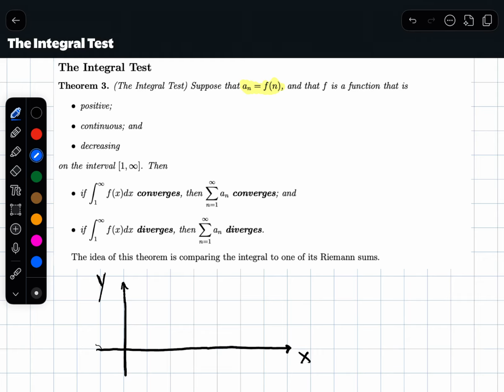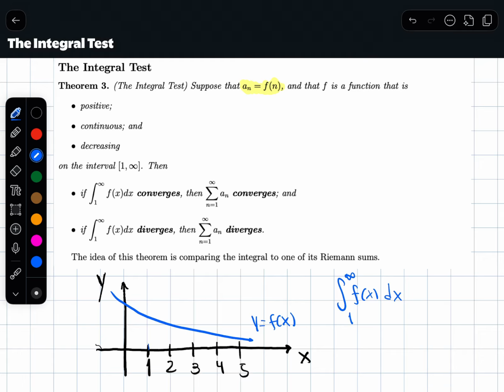So let's say I have 1, 2, 3, 4, 5, and then you have some function that goes down like this. If this blue graph is y equals f of x, the integral of this function is the integral of f of x dx from 1 to infinity.